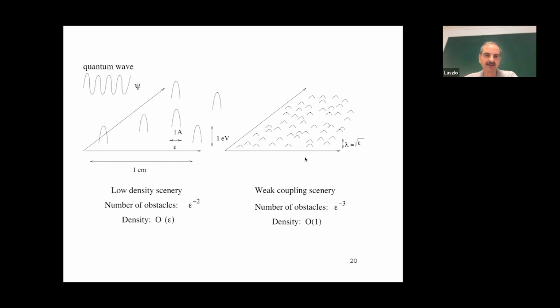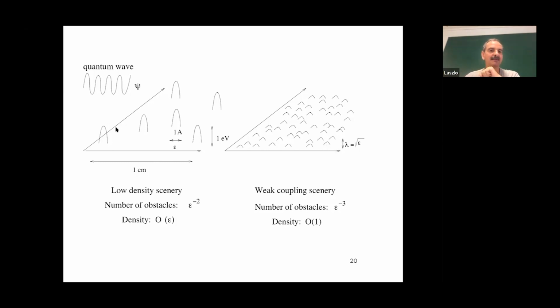These are the two different situations, but the most important thing, let me emphasize, is that the wave function, a quantum wave, has a wavelength which is comparable to the potential, so comparable to the spacing and the size of the support of the potential. The wavelength and the potential live on the same scale. This is very, very different from the semi-classical picture.